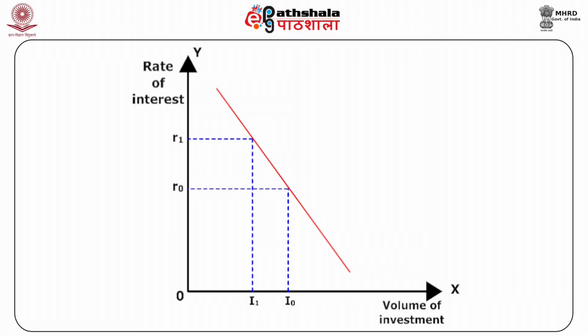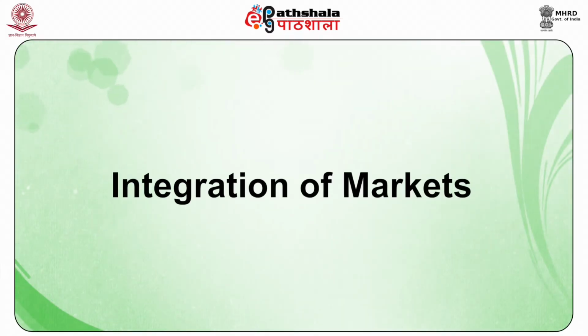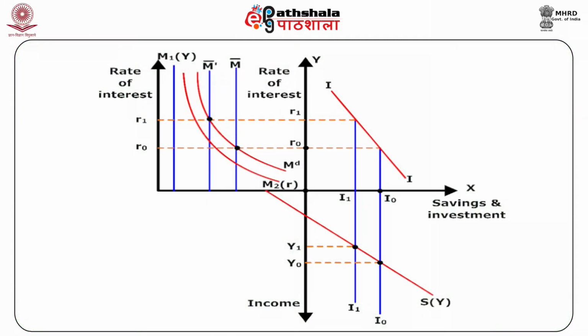So, for the time being, ignoring the labor market, let us consider the relationship between the 3 markets, that is the money market, the capital market and the product market. Now, this is a rather complex diagram which is known as the integration of markets. We are integrating these 3 markets together.